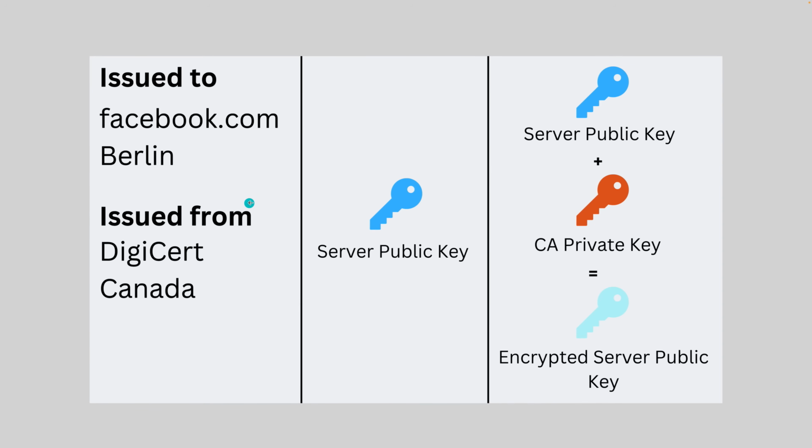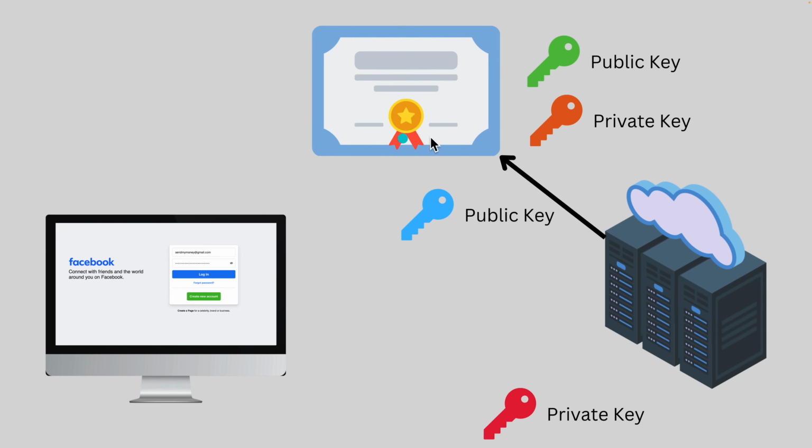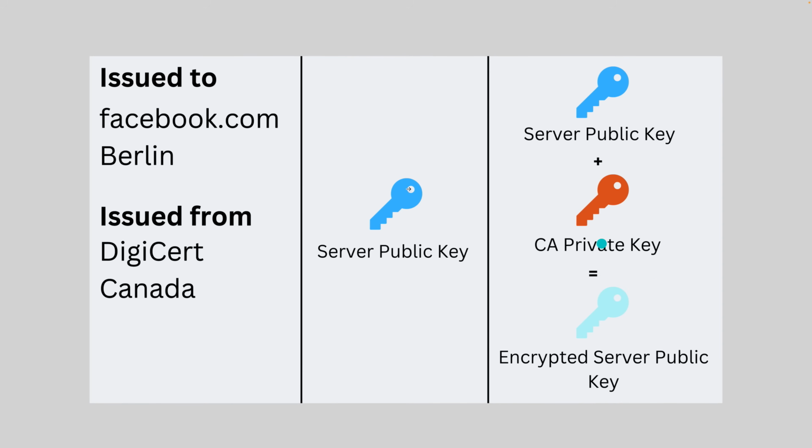The first part is going to contain basic information about who we're issuing the certificate to. We're going to issue the certificate to this server, and this server is facebook.com. Remember, this is the facebook.com server. So it's going to contain information about the domain, as well as maybe where this server lives, maybe Berlin, for example, as well as some other information that I just decided not to add in here.